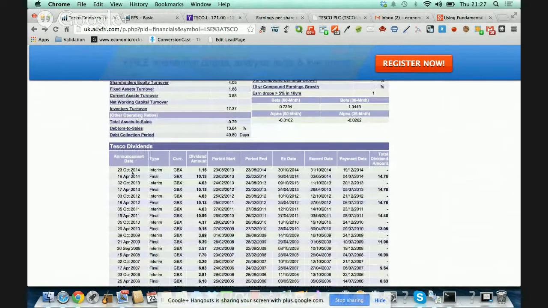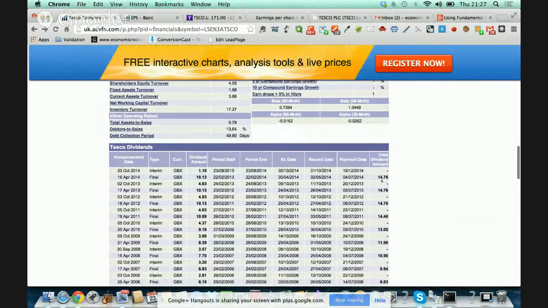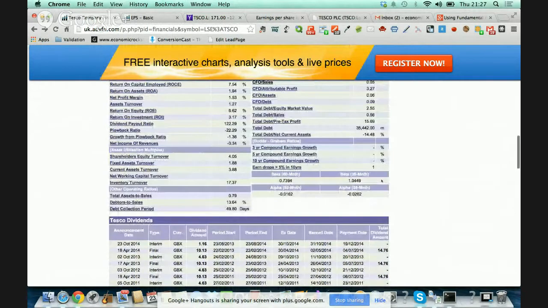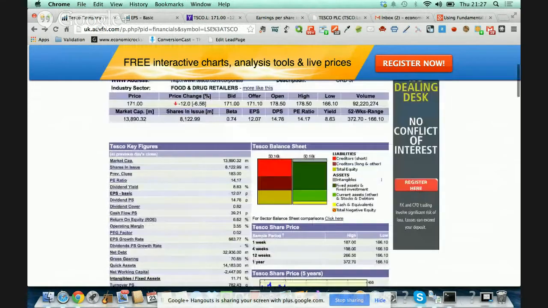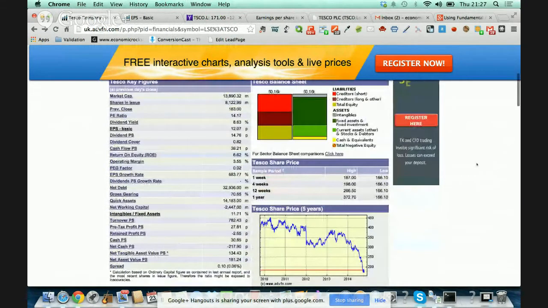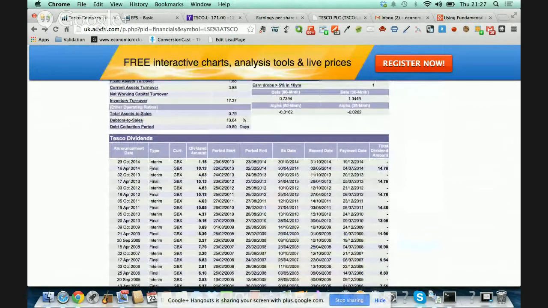Now, I don't have a calculator with me at the moment, but this as a percentage of 171p would be quite high, even higher, I reckon, than the 8.63. So I reckon this 8.63 is based on the price of the stock on the 16th of April.